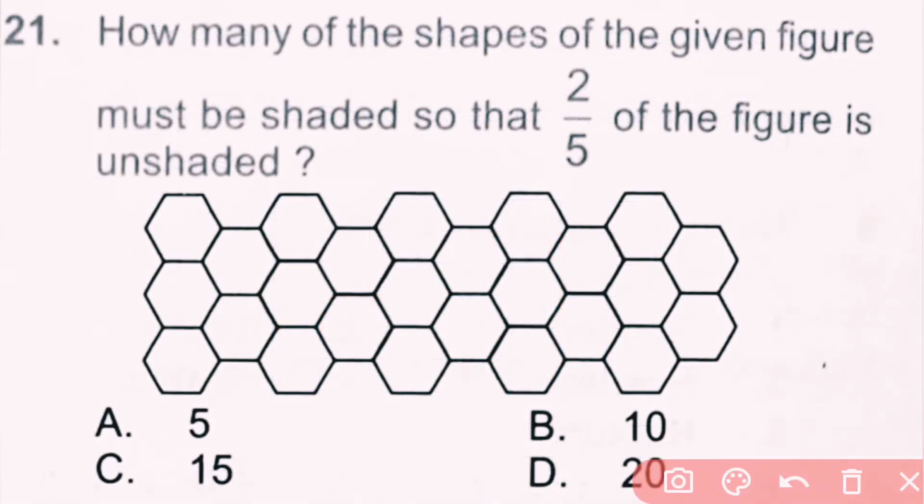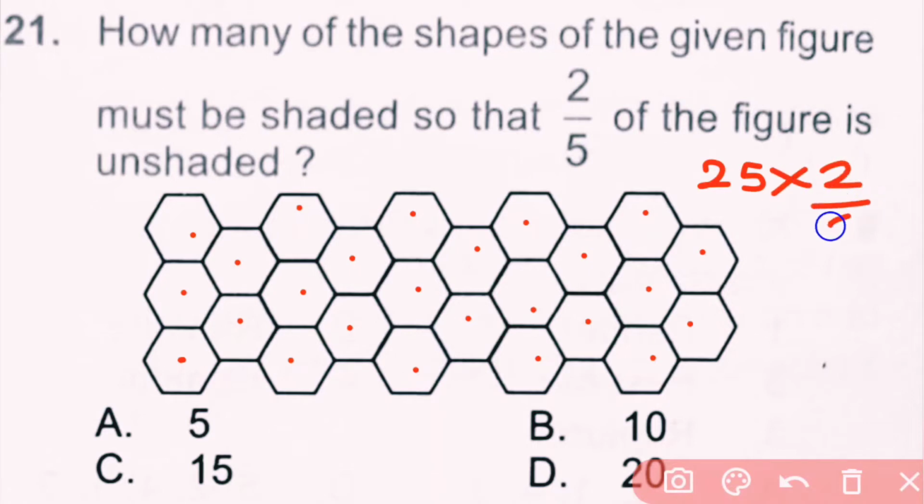Question number 21. How many of the shapes in the given figure must be shaded so that 2/5 of the figure is unshaded? Here the total number of shapes is 25. Out of 25 shapes, 2/5 unshaded means 25 into 2/5.